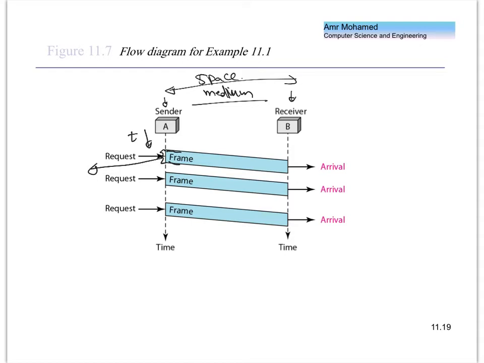Why do we have two parallel lines like this? Why is there a frame thickness or a frame length? Remember, this is time. So this represents what? Any idea?